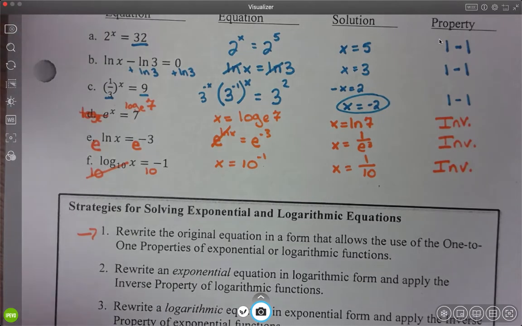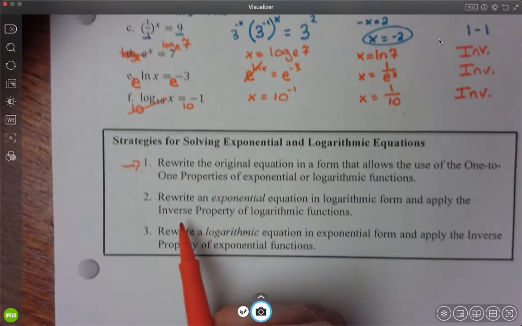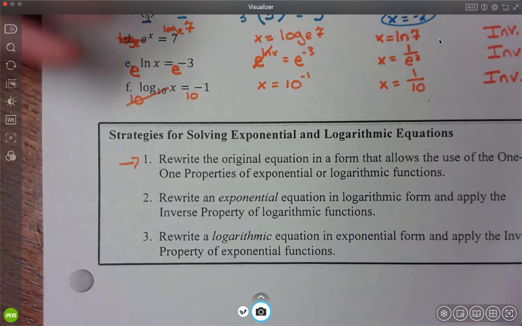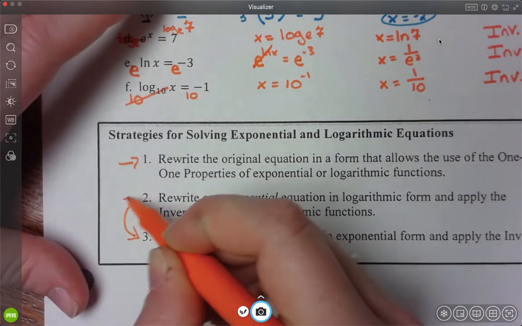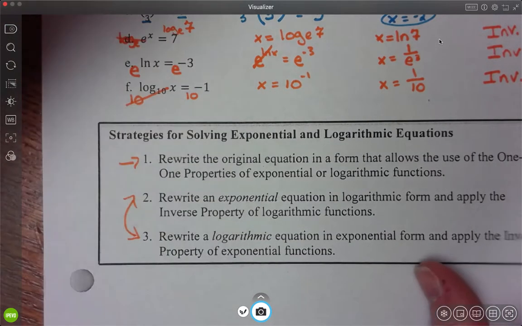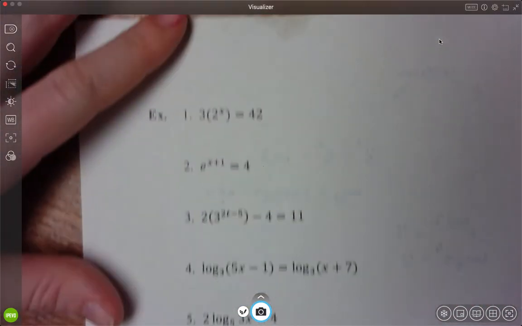And if I can't, I'm going to rewrite that exponential function in terms of log, or insert a log or an exponential function. If it's an exponential function, I'm going to change it to a log, or insert a log. If there's a log function, I'm going to insert an exponential function to get that to go away and solve. So let's do a couple of these.